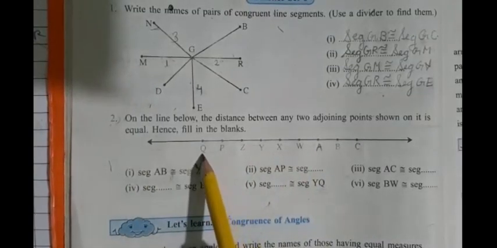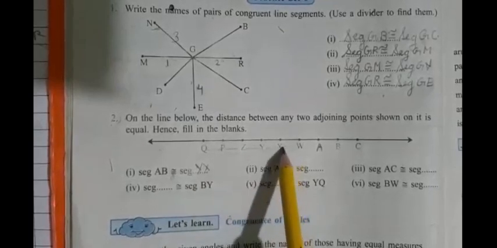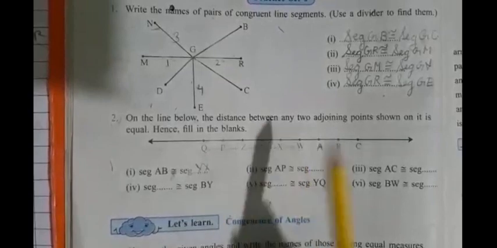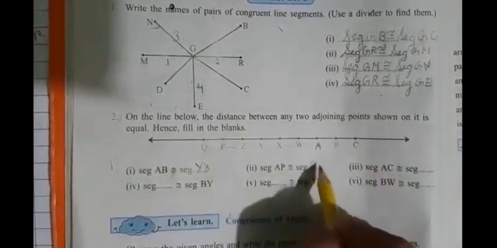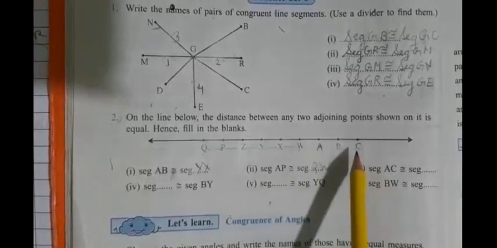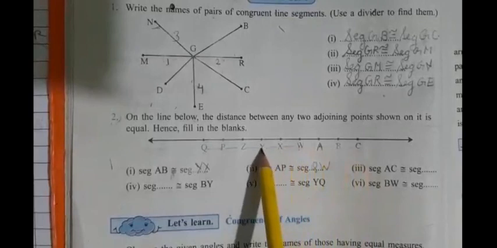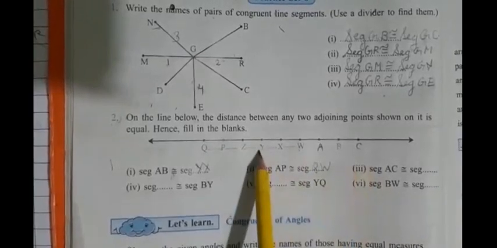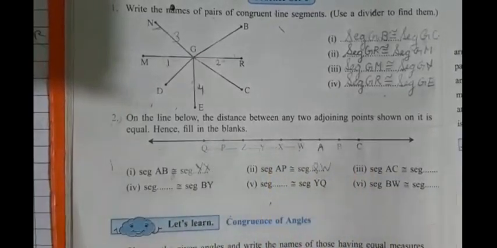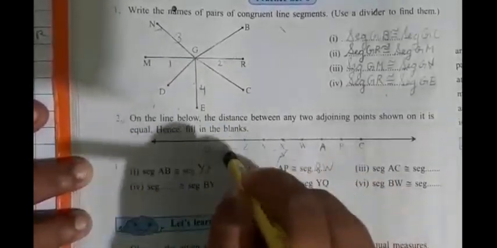Suppose I want to start from Q. Then 1, 2, 3, 4, 5. So here QW. So what will I write? QW. Understood? You can also write, see, start from C. 1, 2, 3, 4, 5. CY or YC. You can write any one which will have 5 units. Got it, students? Yes or no?